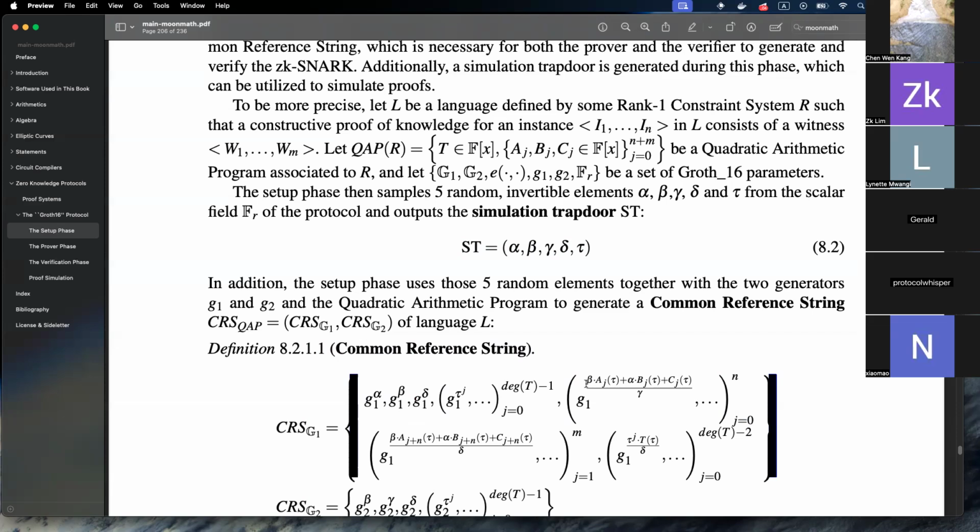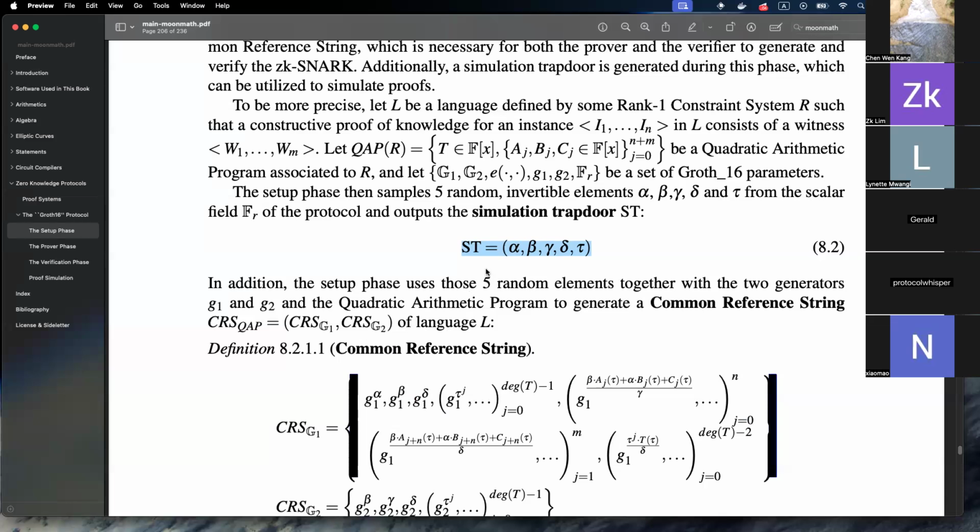These values are only known to the prover, or more accurately, they are only known when first setting up. And again, because these are toxic waste, we usually compute these values using MPC, multi-party computation, where everyone contributes a piece of the secret and then we combine them.